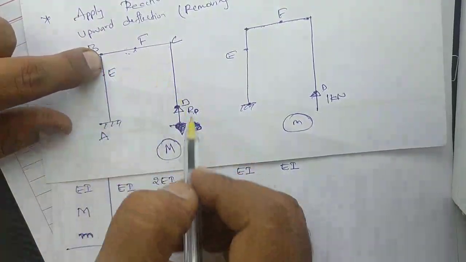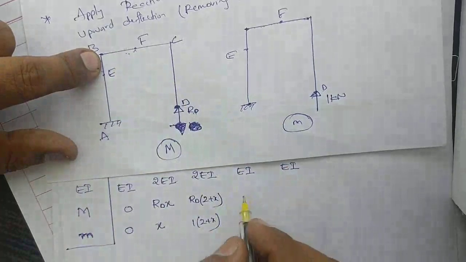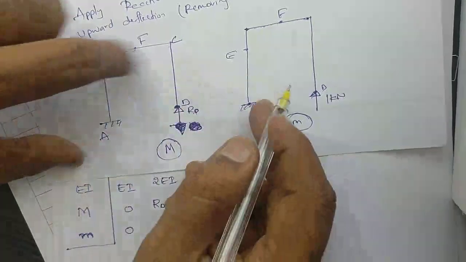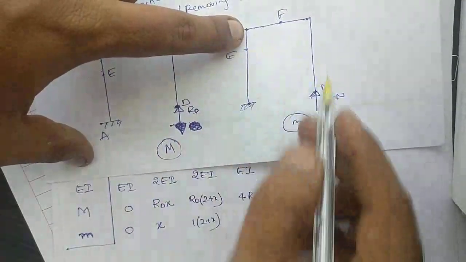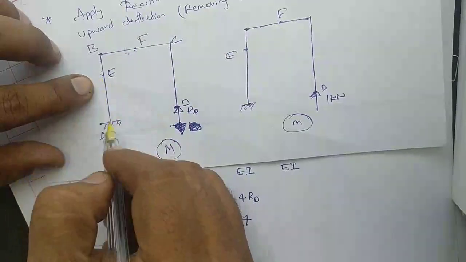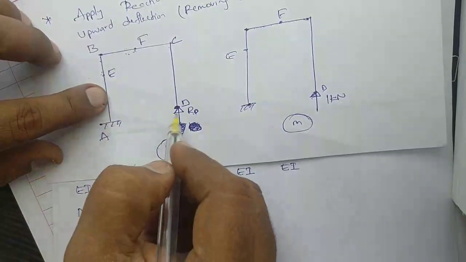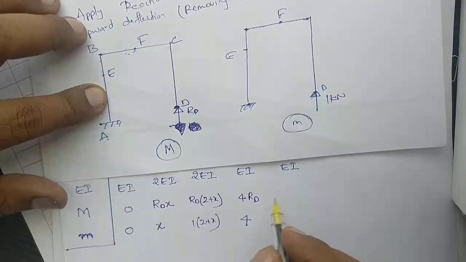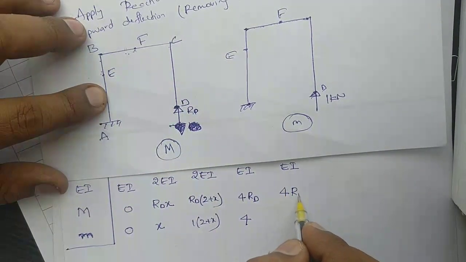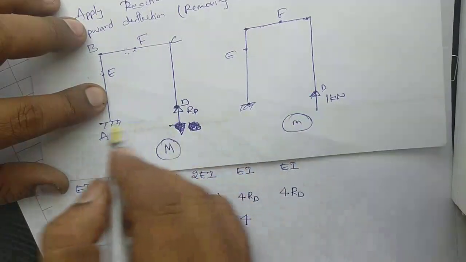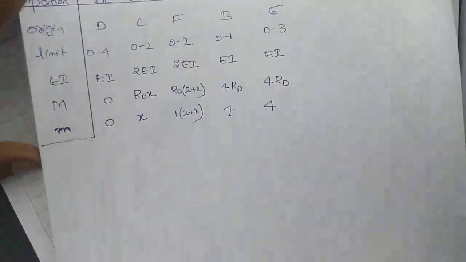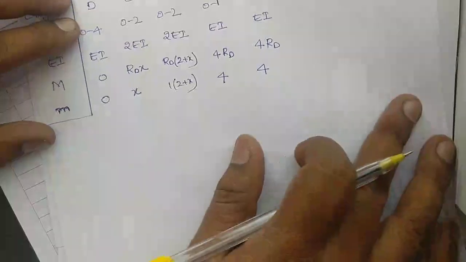From here we have to go for RD. This length is 4. So 4 RD, and your small m will be 1 into 4, it will be 4. And for this E and A, again it is 4 into RD, and small m will be 4. This is how we will be getting the value.